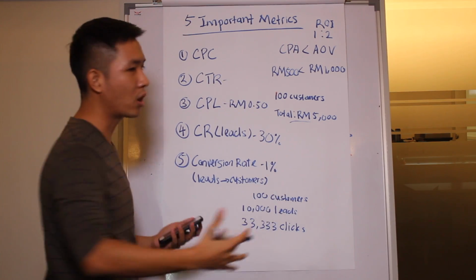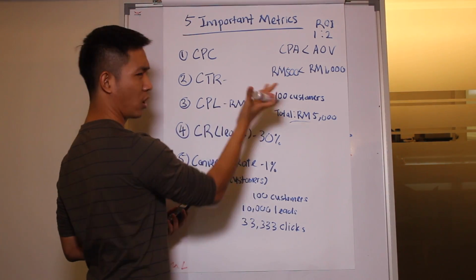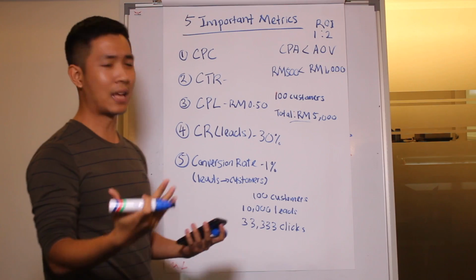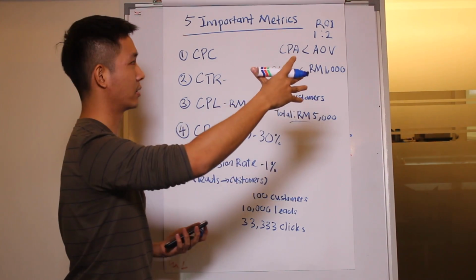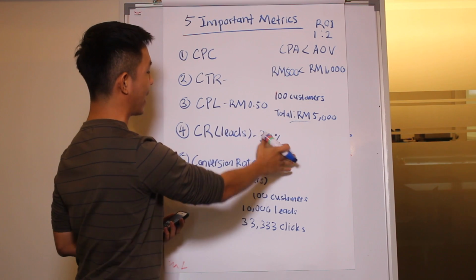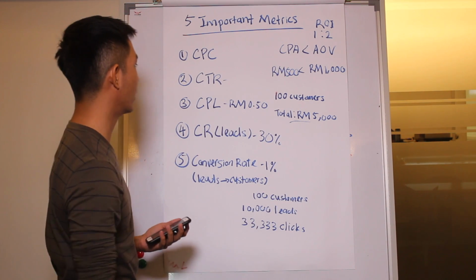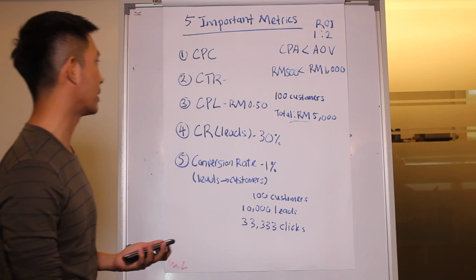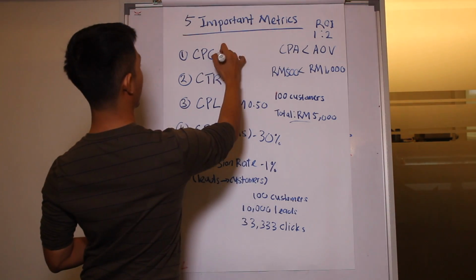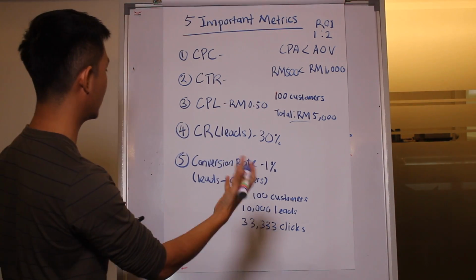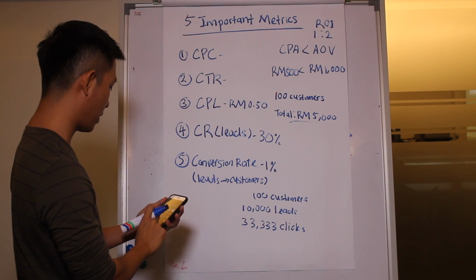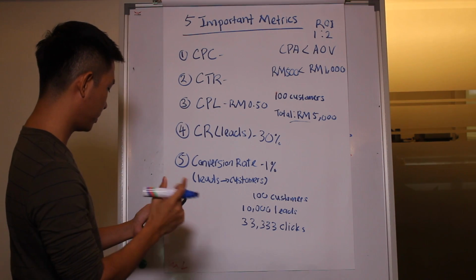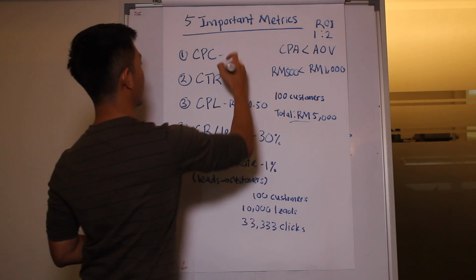But of course, if you get a CPL, cost per lead, of 20 cents, that means your ROI will be much higher than expected, provided everything remains the same. And then for the click-through rate, the cost per click needs to be maximum 5,000 divided by 33,000, about 15 cents.